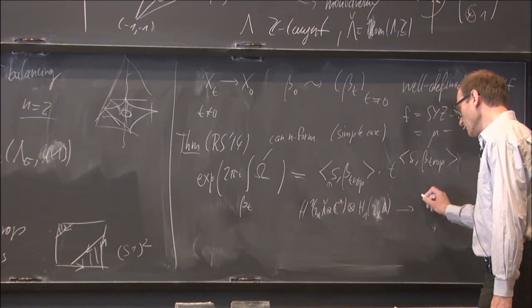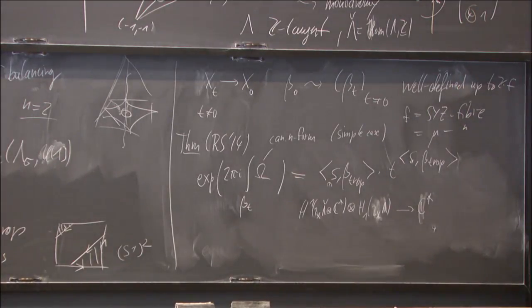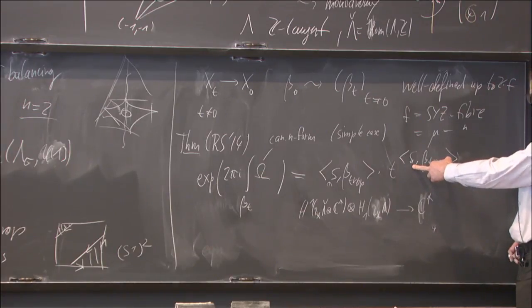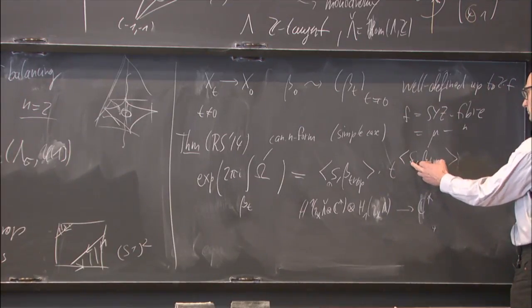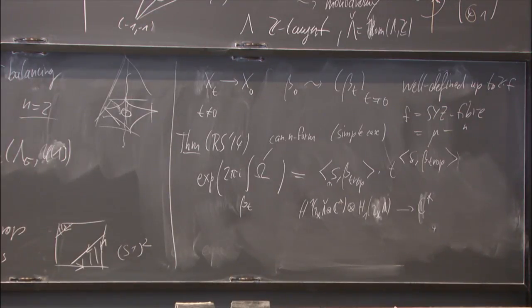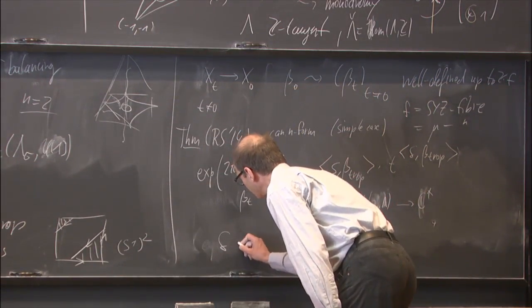So that maps to C star. So it's an element of C star. This whole thing is a constant. And then we have a monomial, and the power of the monomial is given by looking at how beta trop wraps under monodromy around the T circle. So the delta gives the monodromy action.